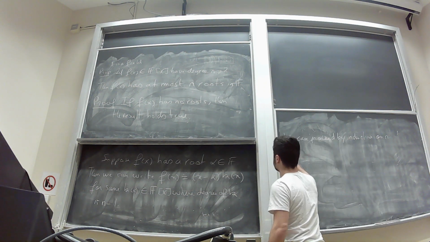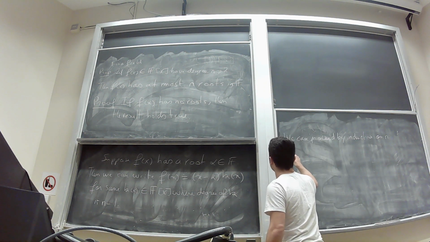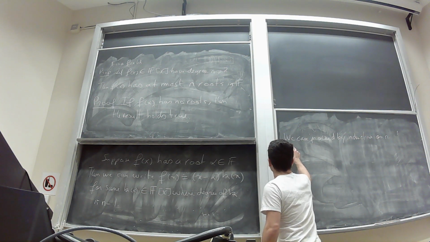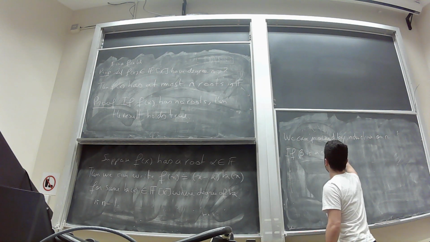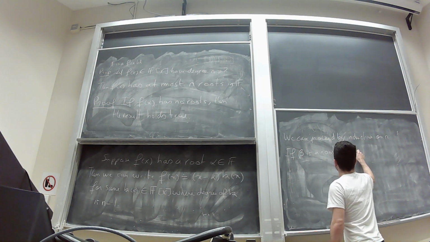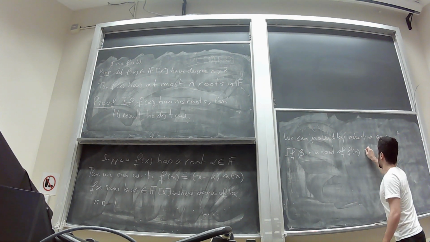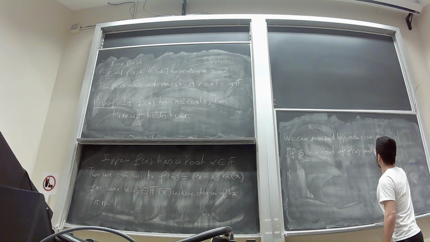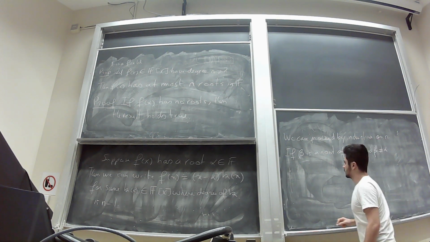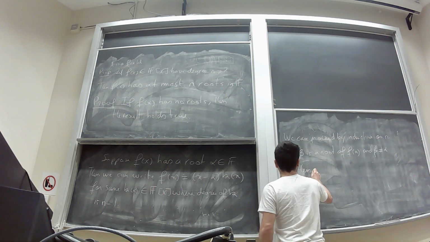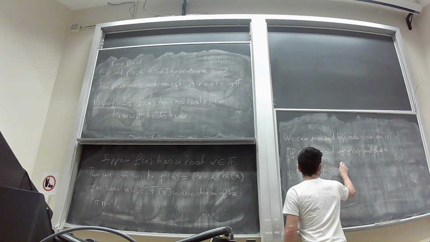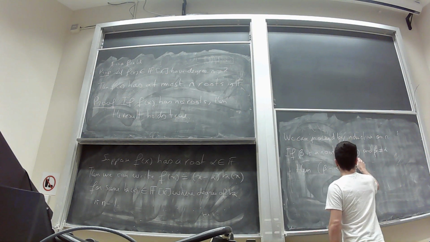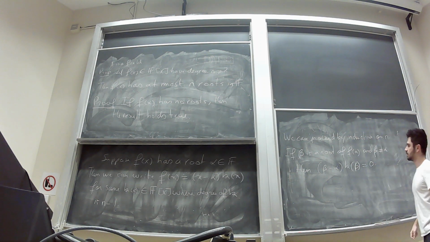So, if beta is a root of f of x, and beta is different than alpha, then beta minus alpha times k of beta is equal to 0.